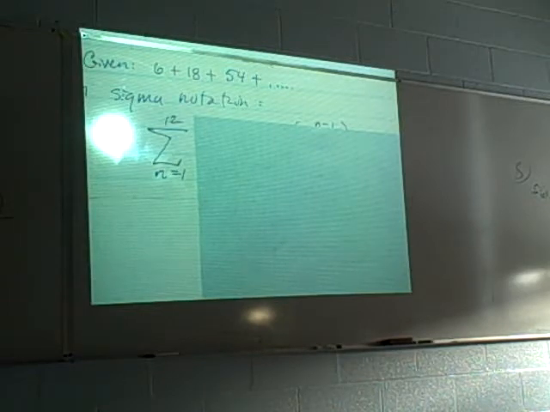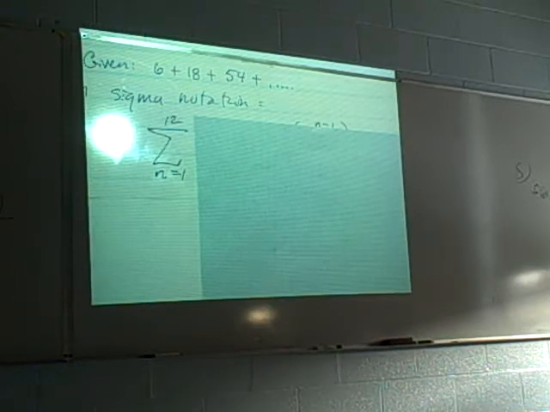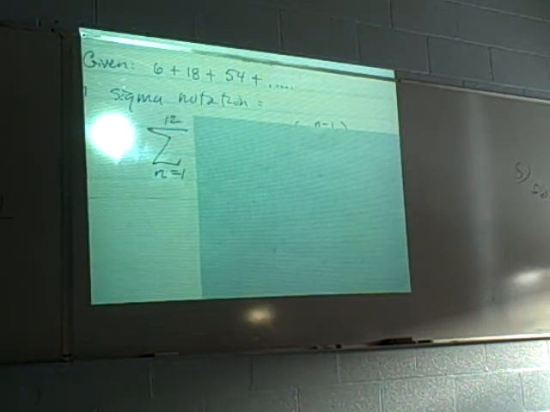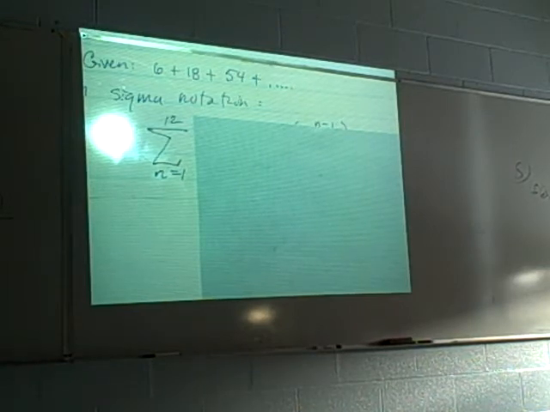And do you need the last term to write it in sigma notation? No. I'm giving you the number of terms, but the directions are write in sigma notation. What's the only thing I'm missing? The rule. Do I need the last term to write the rule? No. Oh, okay. I got it.